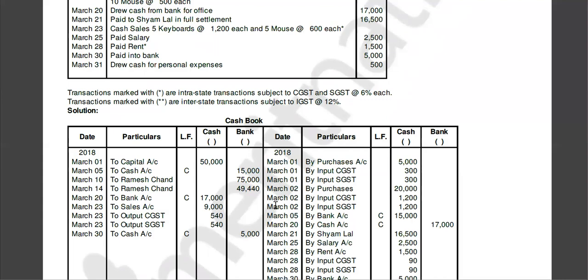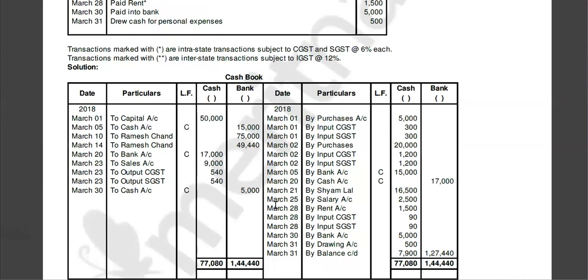The same way cash playing credit role; in the credit side cash column, hold your hand and write 5,000 by bank. That's it.